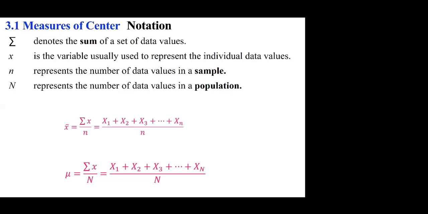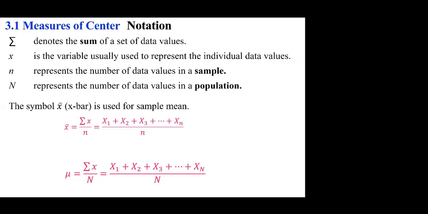Having said that, X bar is the symbol used for the sample mean. We use Latin letters to represent symbols of a sample, whether it's the sample mean or sample standard deviation, and so forth. You'll see it as we come across it.